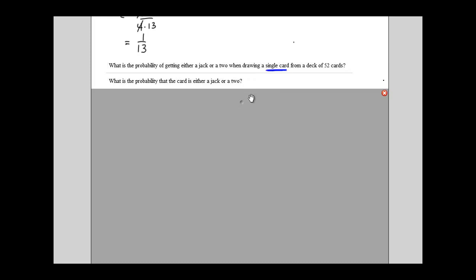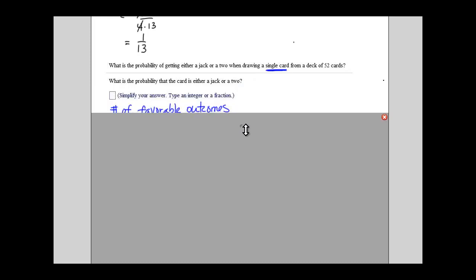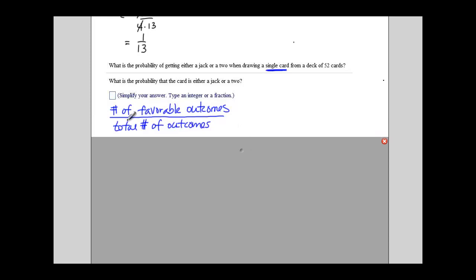So to find the probability that it's either a jack or a 2, we need to look again at the number of favorable outcomes for this event, and then the total number of outcomes. For it to be a success, we would need to draw either a jack or a 2. How many jacks are in a deck of cards?